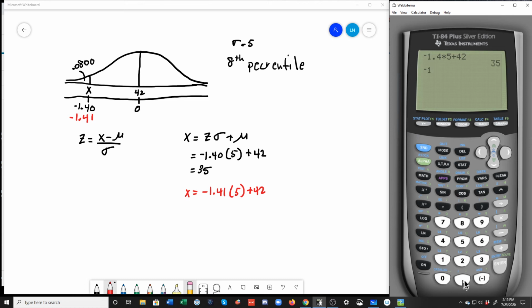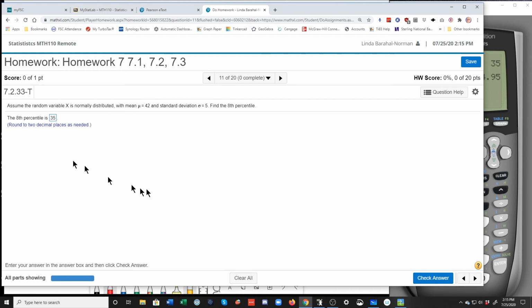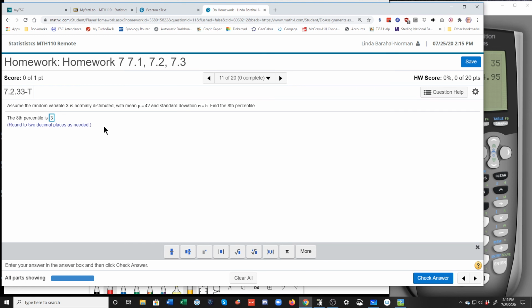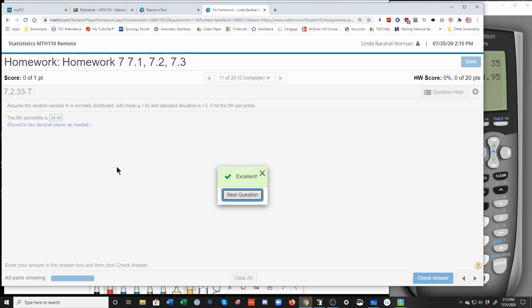Negative 1.41 times 5 plus 42 is 34.95. Let's see if it likes that. Okay, so round to 2 decimal places. There's a clue right there. There we go.